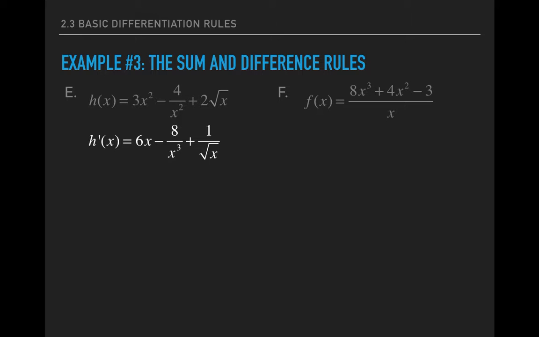In problem F, okay, it is all over x, and so the first step when you have something like this, you would want to go ahead and divide every term by that value. So that would simplify to the following, and then you can take the derivative of each term, which would look like this.